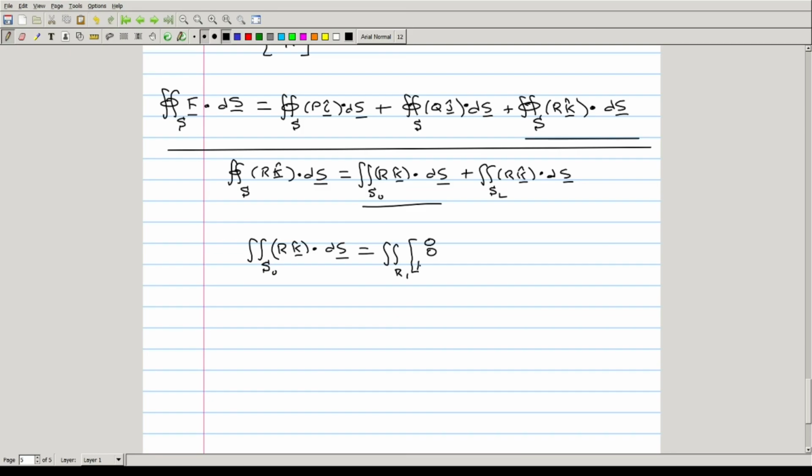This is the third component, R evaluated at this parameterization, which is R of (x, y, z upper of (x, y)).